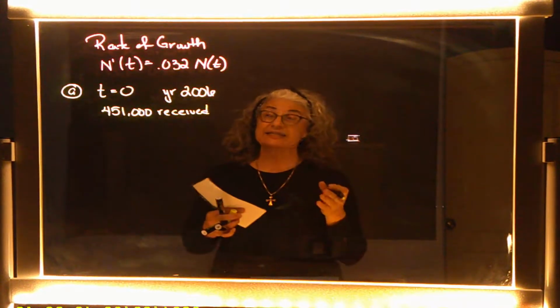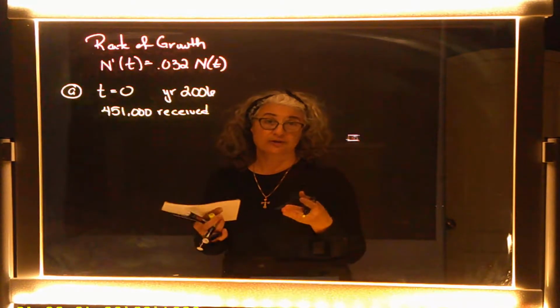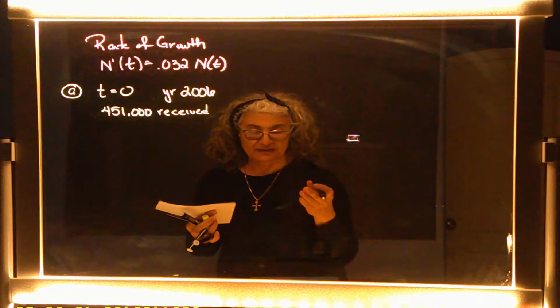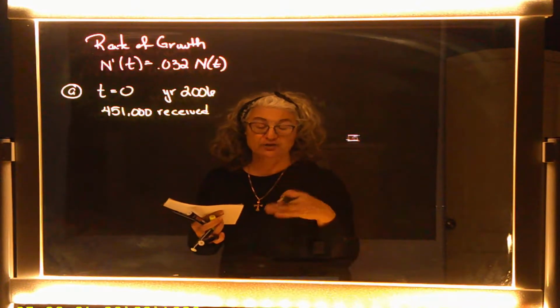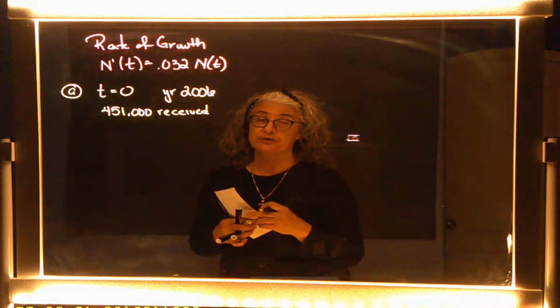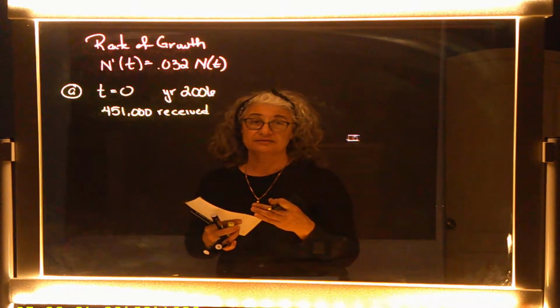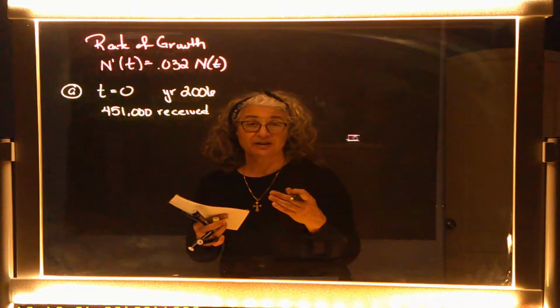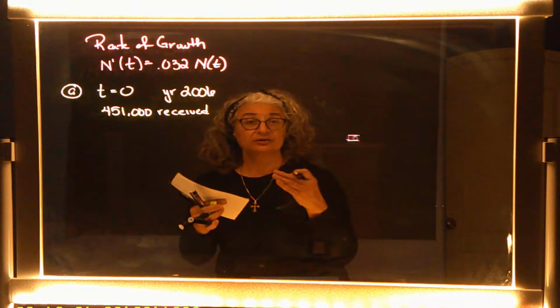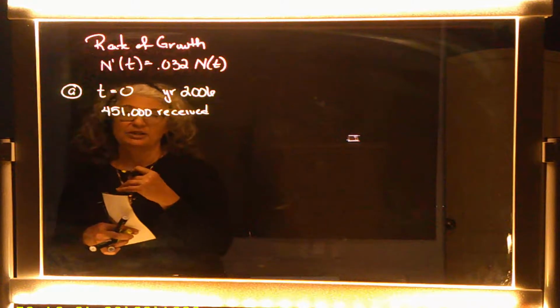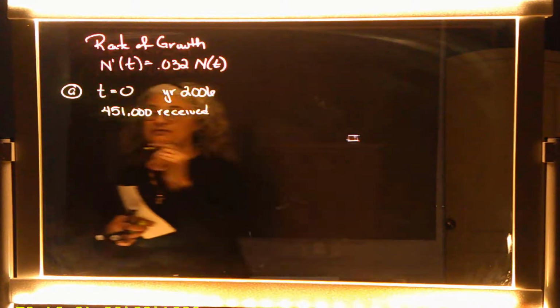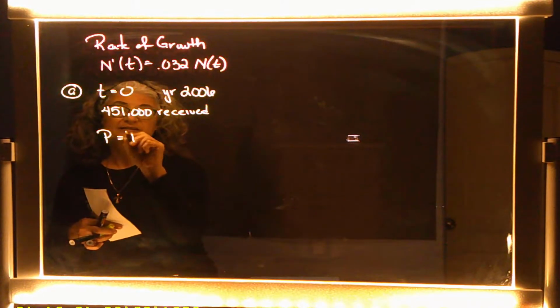Now, since this is a growth model, because they told us that the number of patents grew about 3.2% per year, that means we're dealing with the formula for a growth rate. The formula I always use looks like this.